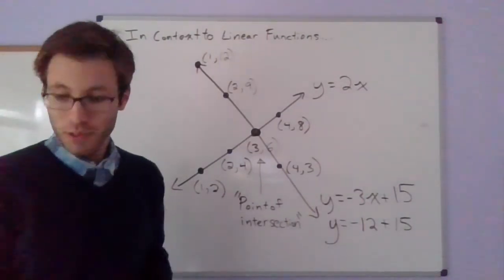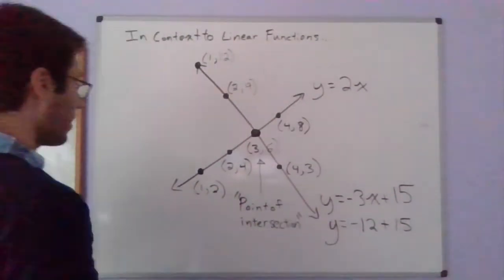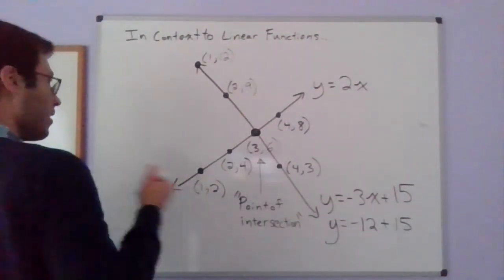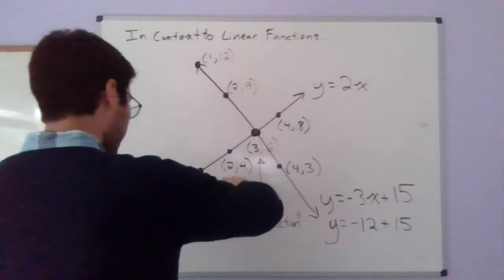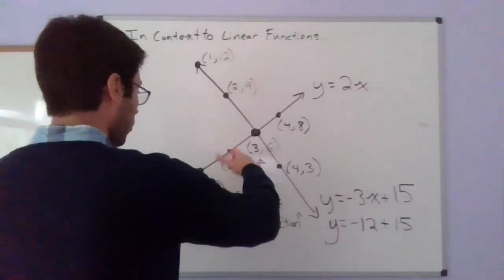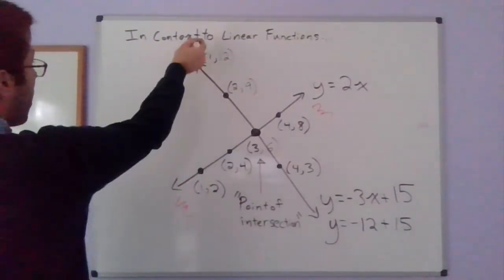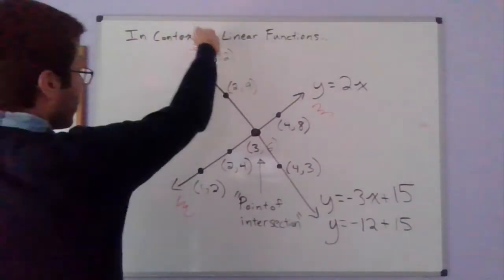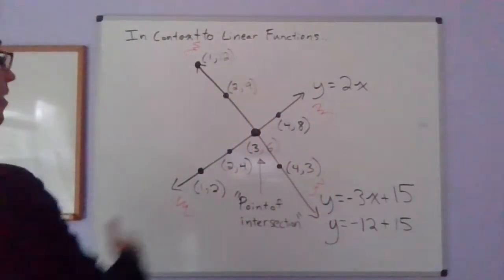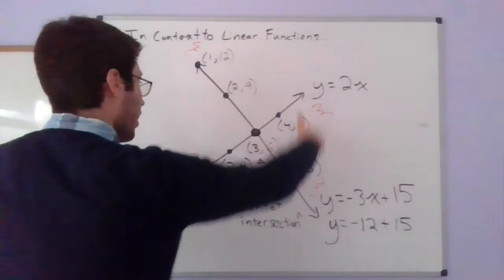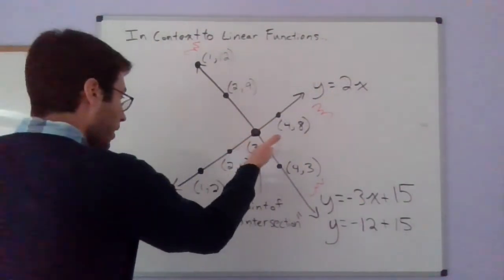And this is how it actually relates to set theory right here. If we view this line right here as the set of all of these points right here, and I'm going to erase this, but if you view this as the set 1, 2, 2, 4, 3, if we view this as a set, and we view this over here as another set of values, we see that the value that is shared between that set and that set is the value 3, 6.